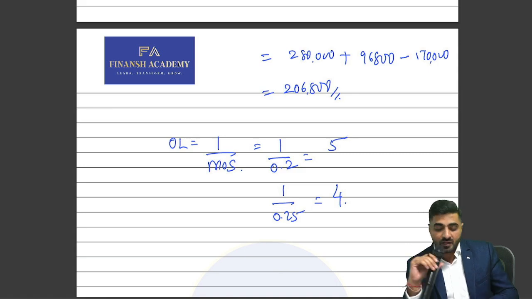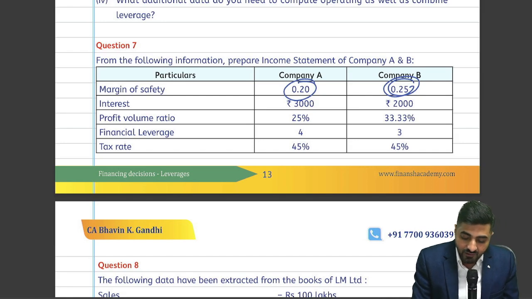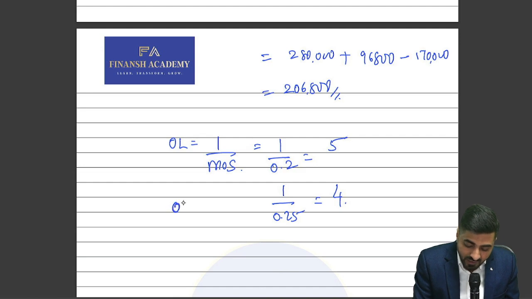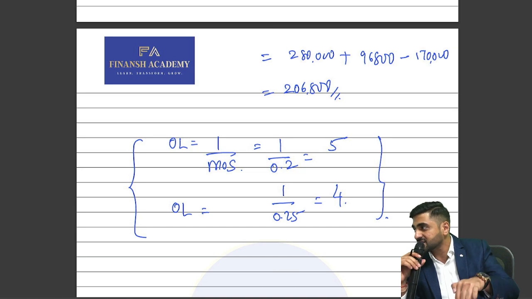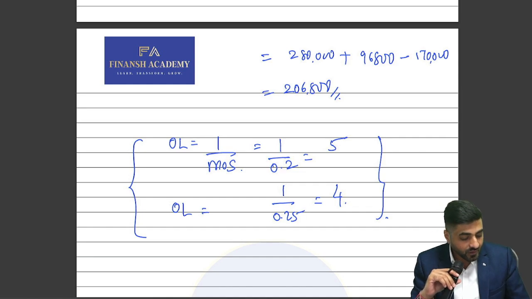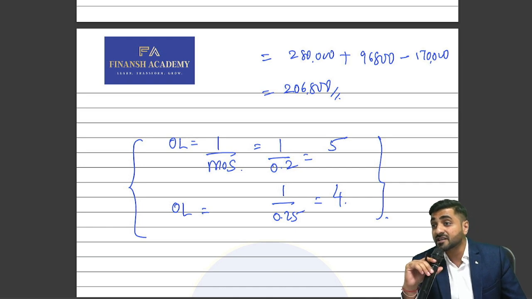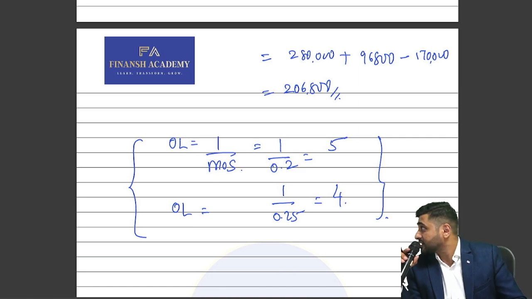Yes, sir. So I want you all to put your notebooks and first calculate this operating leverage. Just calculate this. What is operating leverage? 1 divided by margin of safety. Just write down this.